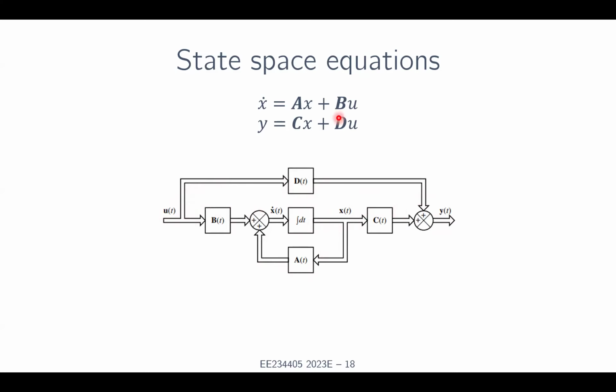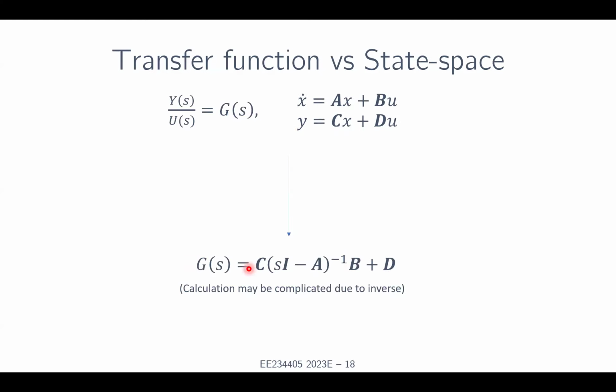So in some cases, D is just zero, and we only have this part. C here selects the output from several states. And B here determines which state is affected directly by the input.